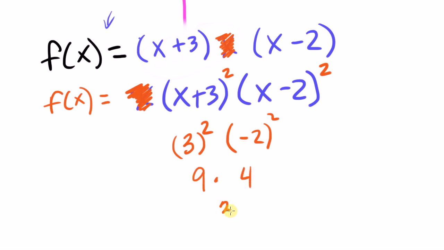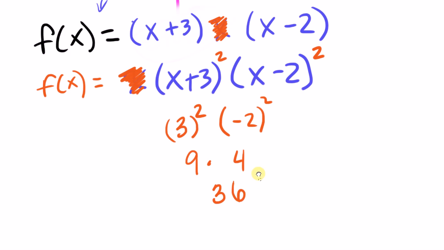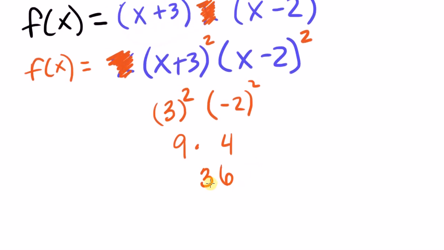Now I need it to be 2, right? When all those x's are 0, I need this to be 2. So 36 minus what is going to give me 2.